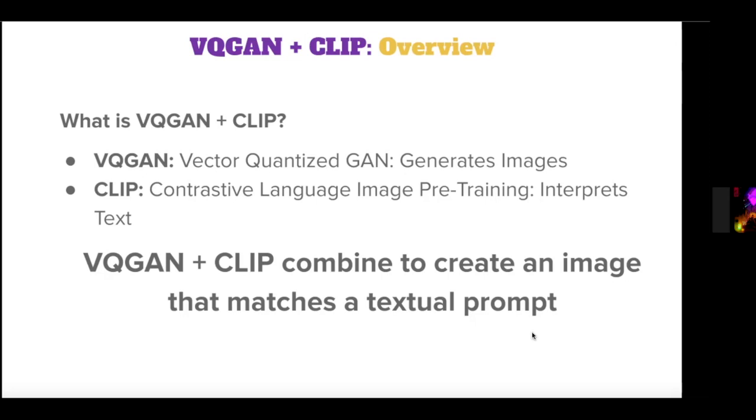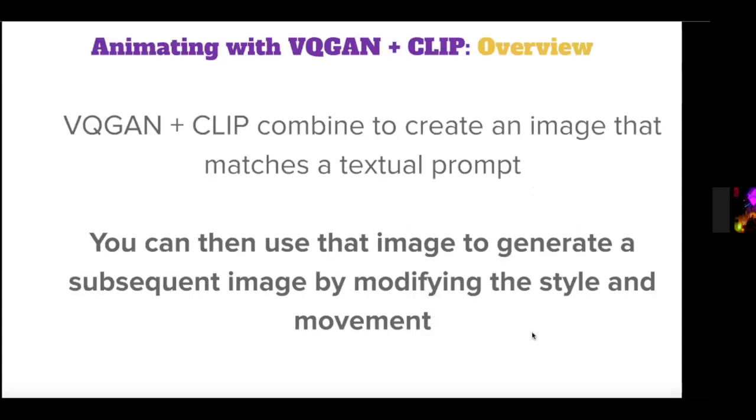But that's all well and good. It creates a still image, but how can you create an animation with that? You can actually use those images to take the next step. I showed in the last video that you can use an initial image to generate another image.